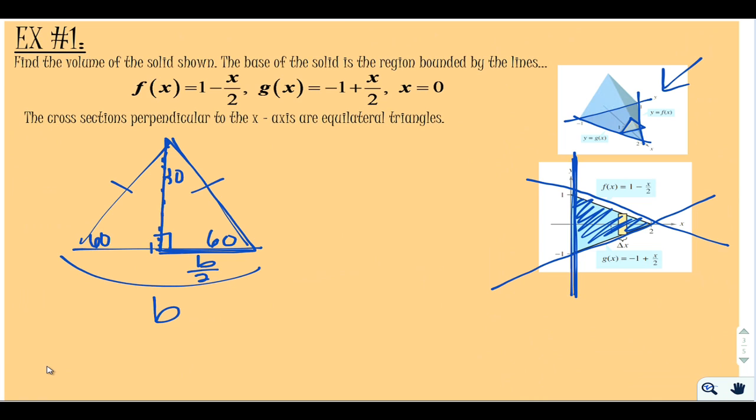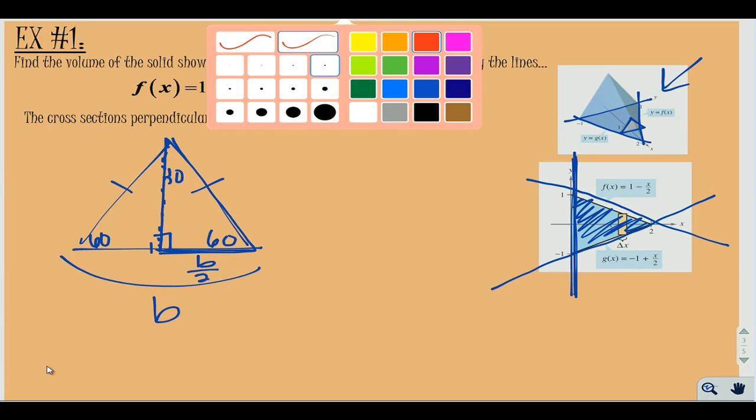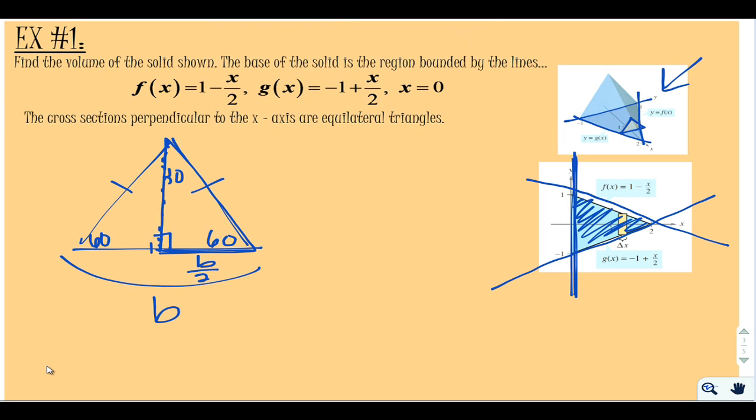And if you remember back from geometry to your special right triangle formulas, across from your 30 is x, across from your 90 is 2x, and across from your 60 is x rad 3. So in this case, that means x equals b over 2. So then my height would be x times rad 3, or b over 2 times rad 3, or rad 3b over 2.